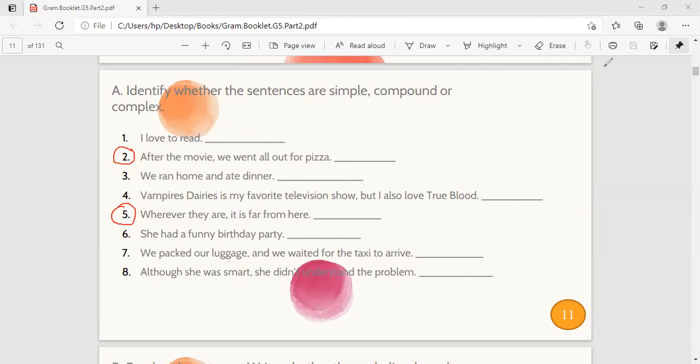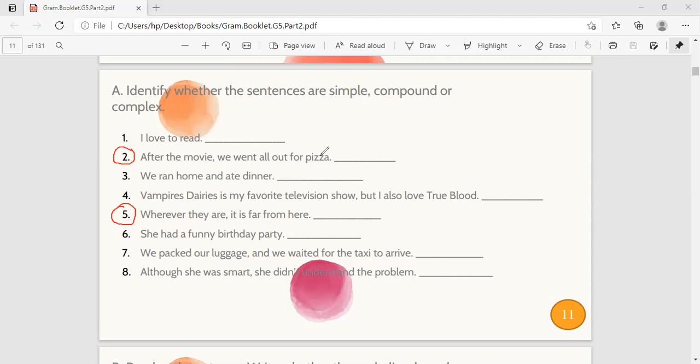To consider a sentence a compound sentence, we should have two independent clauses. Hani, do I have two independent clauses here? No, I do not have two independent clauses.